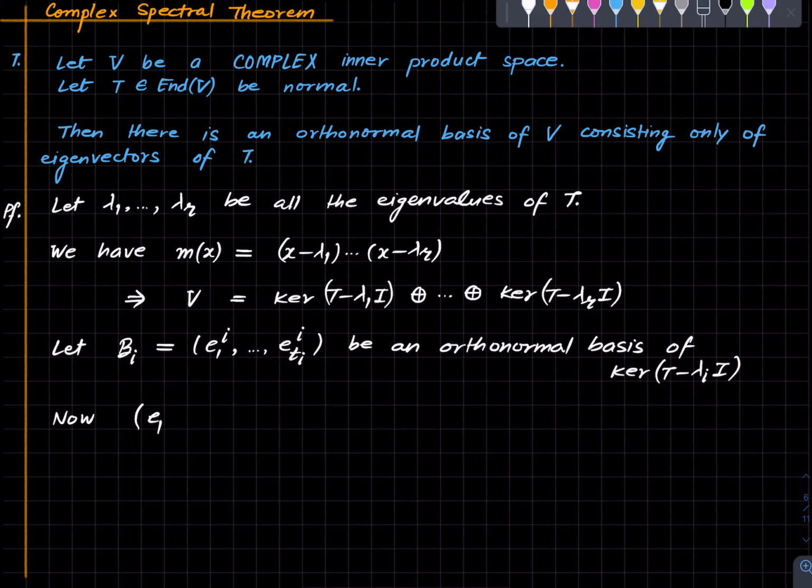So if you pick something from Bi and something from Bj, then those two things will also be orthogonal.